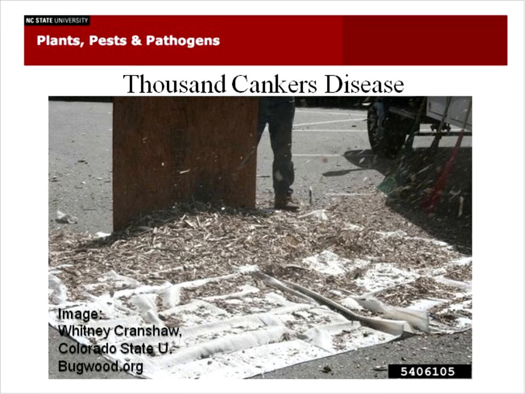As it turns out, even chipping the wood may not be enough, because in this example here they found that some of the larger chips or pieces were still large enough to harbor both larvae and adults of the beetle. A lot of research is going to have to go on to see how this disease and its insect vector are going to behave here in the east, and at this time there is no known treatment either for the insect or for the fungus.